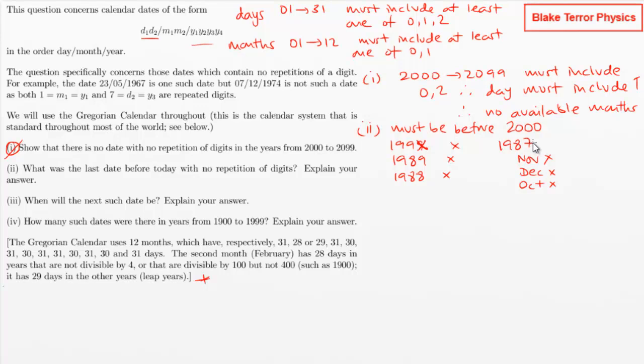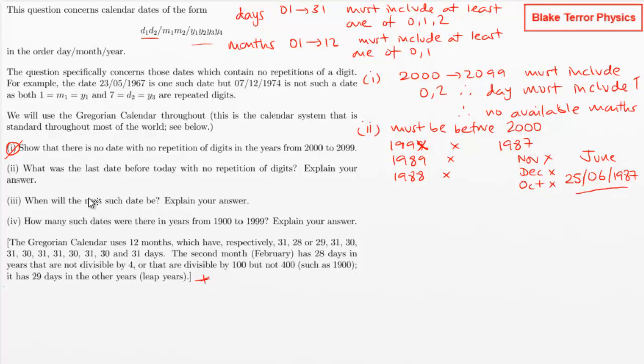So we'll be going back to June. June is a possibility, so that would be 06 1987. So we can't have the 30th, 29th, 28th, 27th, 26th. The 25th fits: 25th of June 1987.